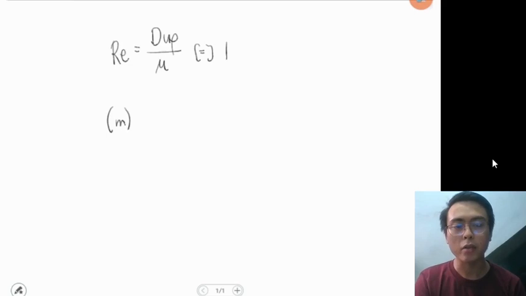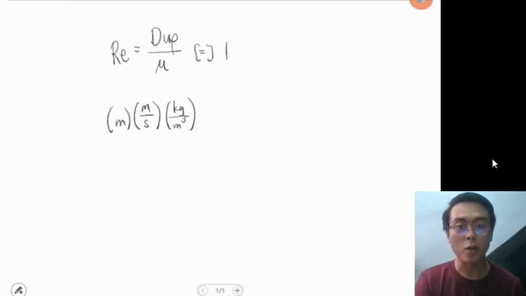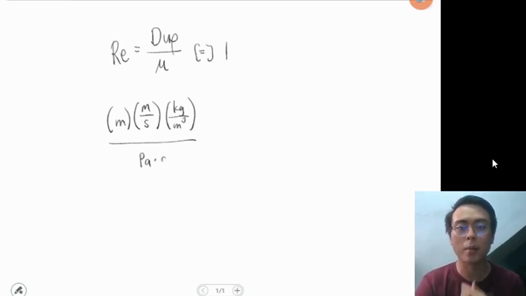Next, velocity, u, has base units of meters per second. Next, density has base units of kilograms per cubic meter, over viscosity. Viscosity of liquids has base units of Pascal times seconds.